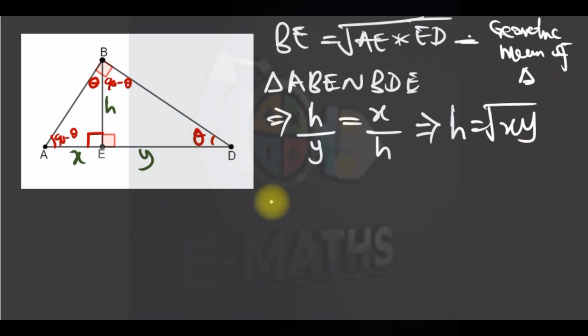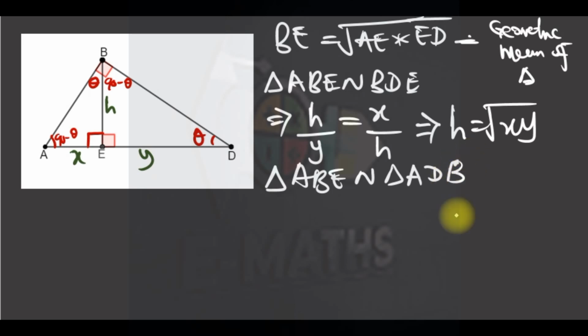So let me prove the other 2 so that you learn once. We can compare the small triangle, ABE, with the big one, triangle ADB. So I'm comparing this small one with the largest triangle.